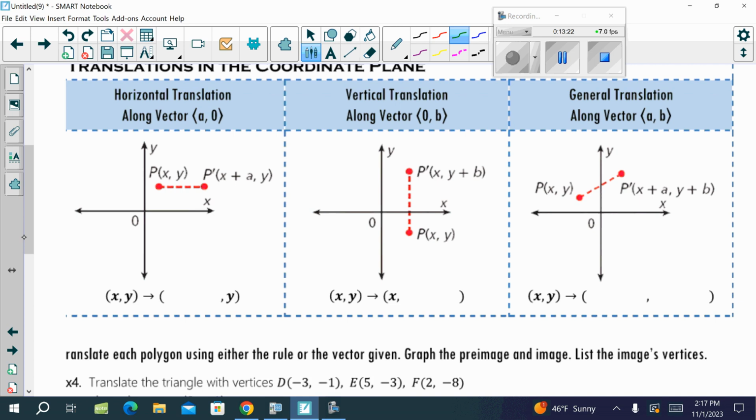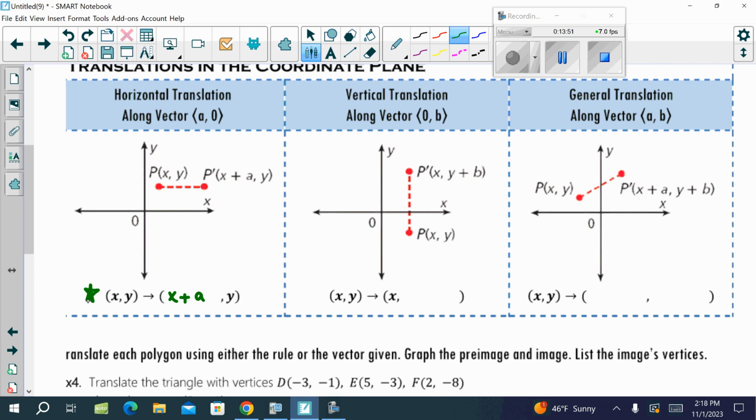So whenever we horizontally translate without going up or down, you just do x plus a, and then you keep the y the same. Okay, so a is your transformation. Like, how many did you move? So down here, write that in. So that's your rule. Okay.